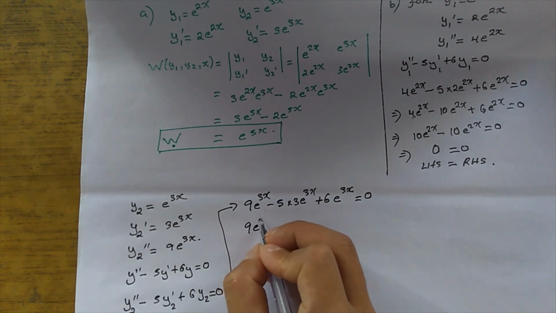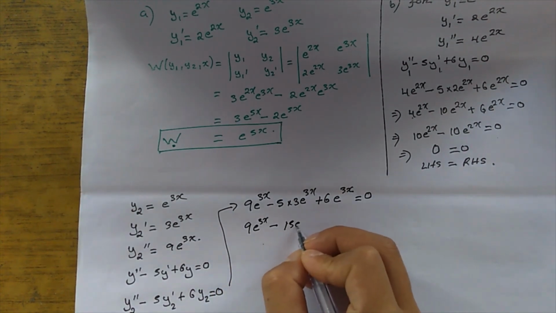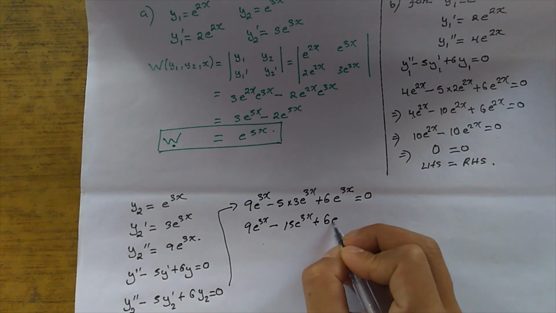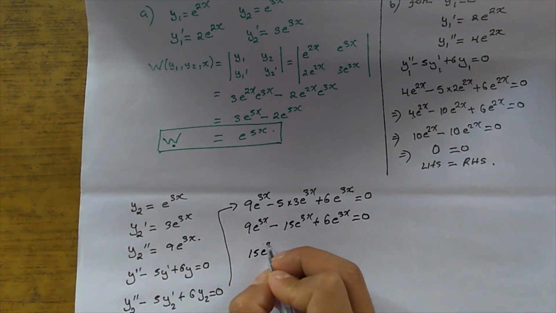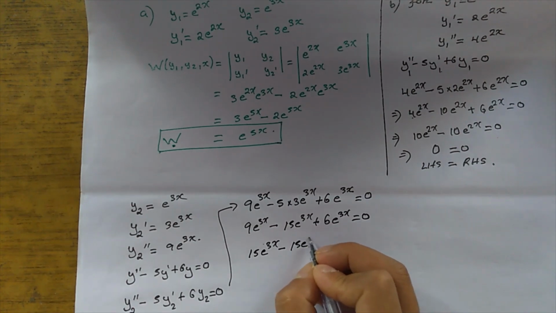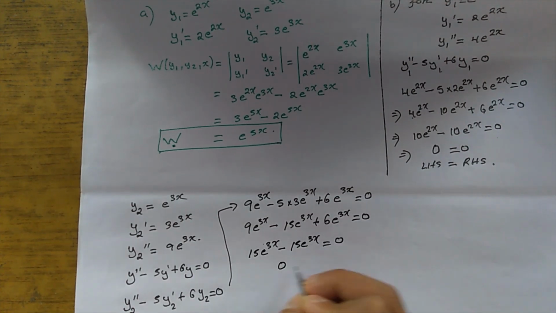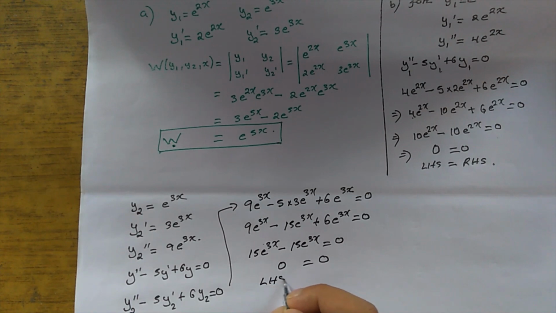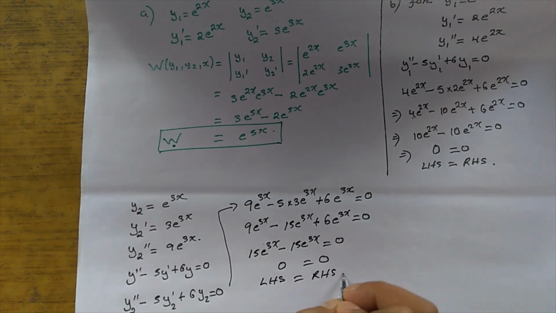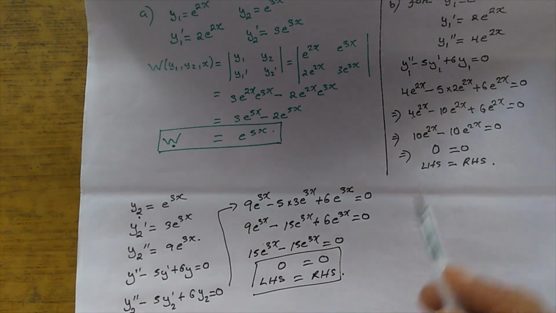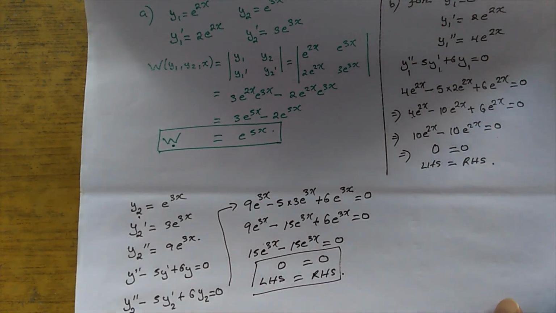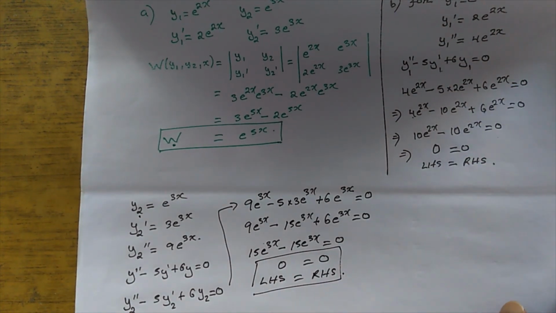So this is 9e^(3x) minus 15e^(3x) plus 6e^(3x), equal to 0. 9 plus 6 is 15e^(3x) minus 15e^(3x), which is equal to 0. So the left hand side is equal to the right hand side. Even for the second solution y2, it satisfies the differential equation. So both solutions y1 and y2 satisfy the differential equation.